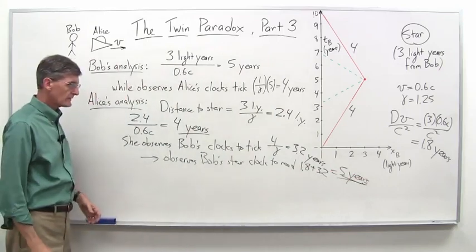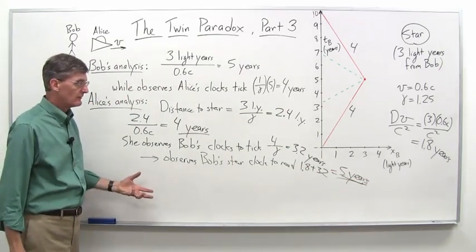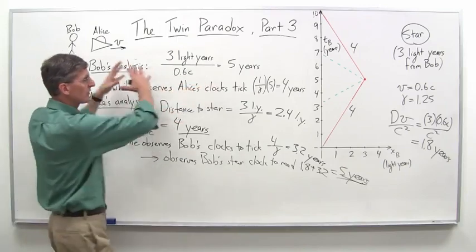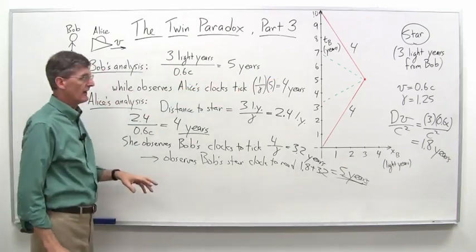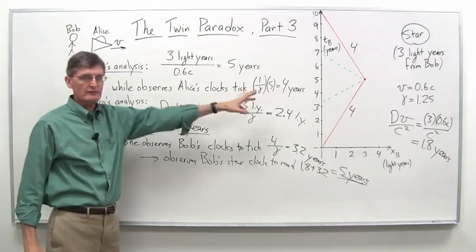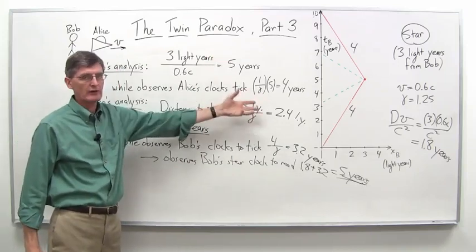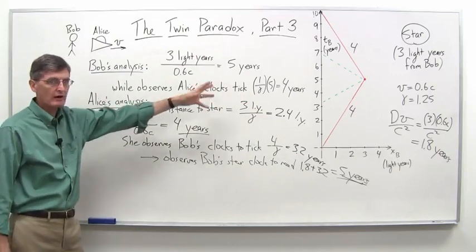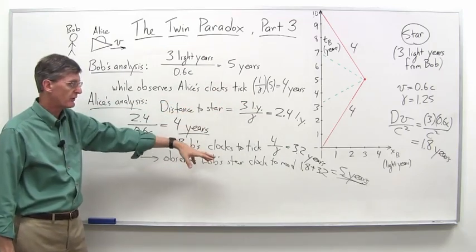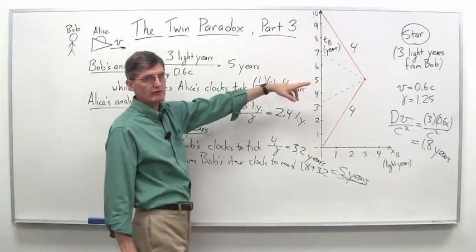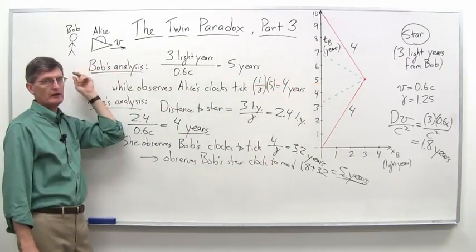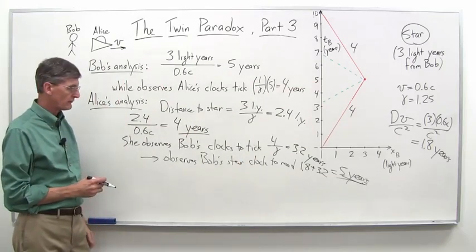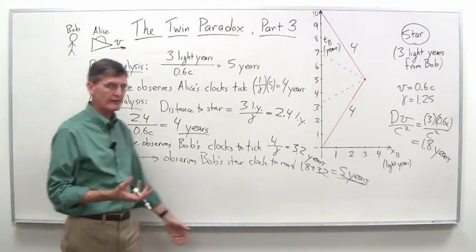Okay? And so they agree. Both of them agree. Bob says, yes, my star clock there, all my clocks are synchronized as far as I'm concerned, and I see Alice travel. It takes her 5 years to get there, therefore my star clock reads 5 years. From Alice's perspective, she sees Bob's lattice clocks tick off 3.2 years, and the star clock starts out 1.8 years ahead of Bob's planet clock as the star starts moving toward her with velocity v equals 0.6 c.